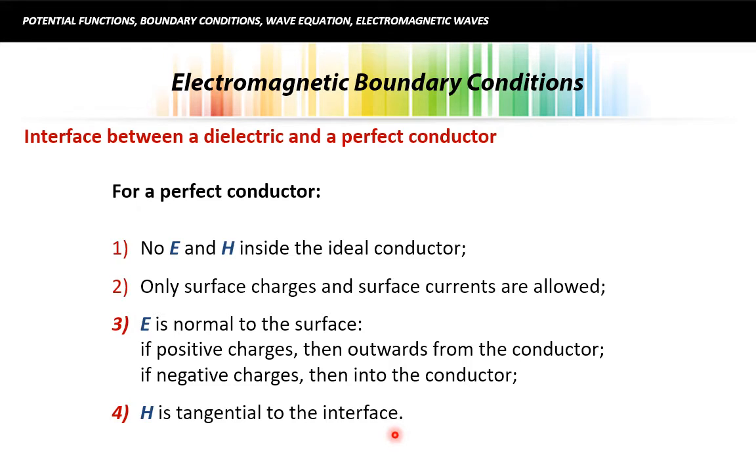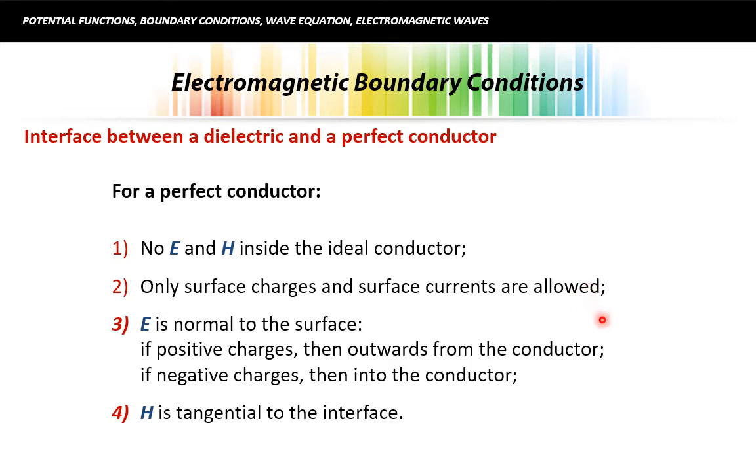Let's consider again the interface between a dielectric and a perfect conductor. For a perfect conductor, we have the following four properties. The first property is that no E and H is present inside an ideal conductor. Second, only surface charges and surface currents are allowed.